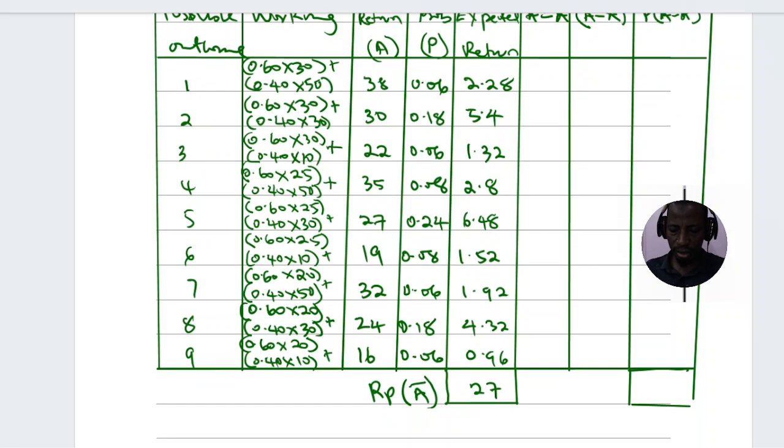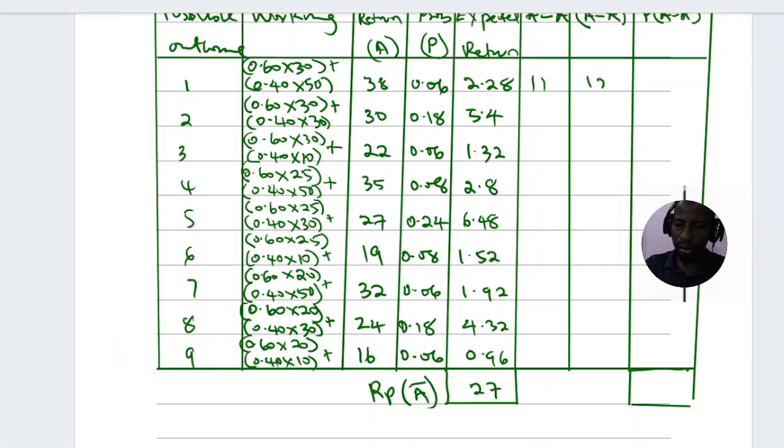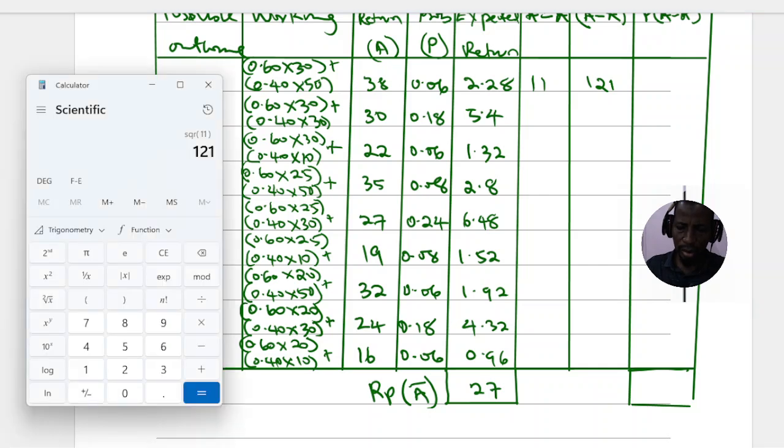So 38 minus 27 equal to 11. 11 squared is 121. 121 multiplied by the probability of 0.06 is 7.26.